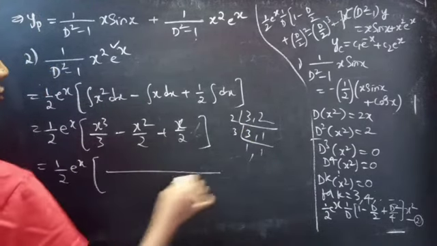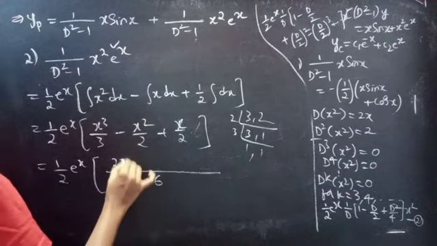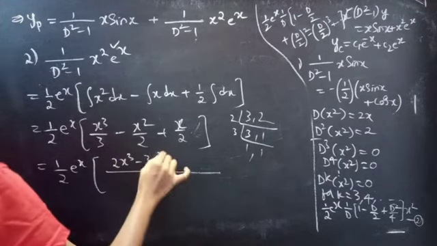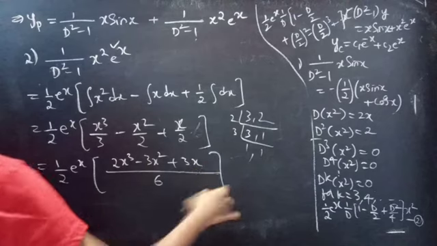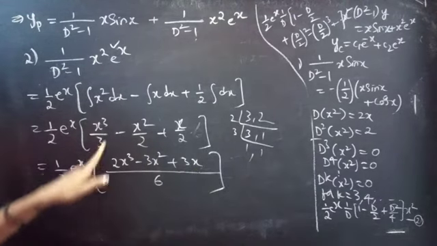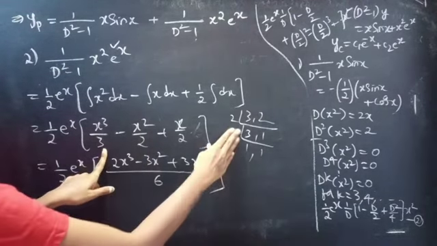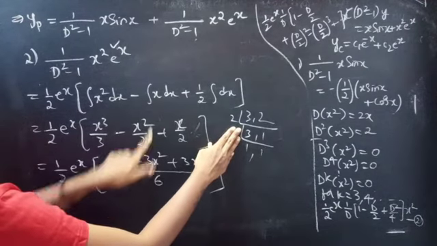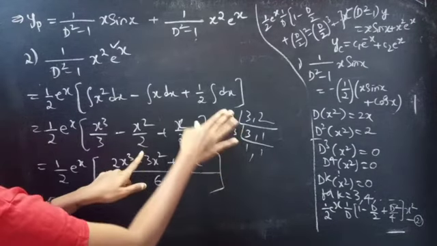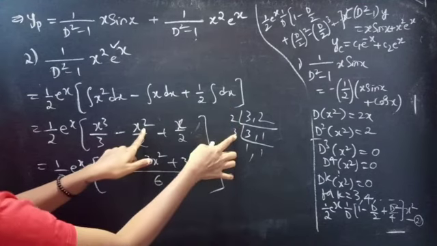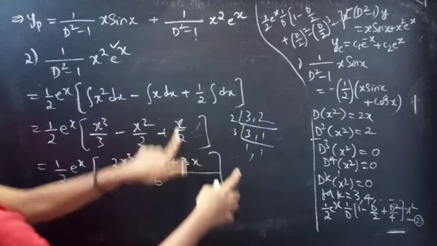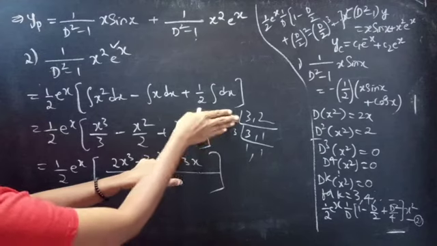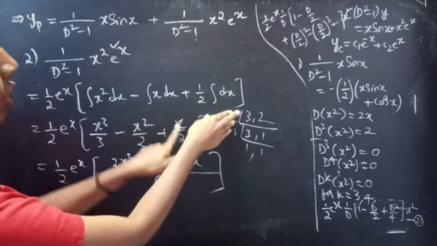So in the numerator we'll get 2x³ - 3x² + 3x. In the denominator of the first term we have 3, so divide 6 by 3 and multiply this 2 to x³. For the second term we have 2, so multiply 3 to x². For the third term we have 2, so multiply 3 to this x.